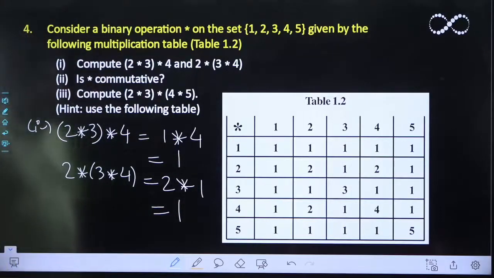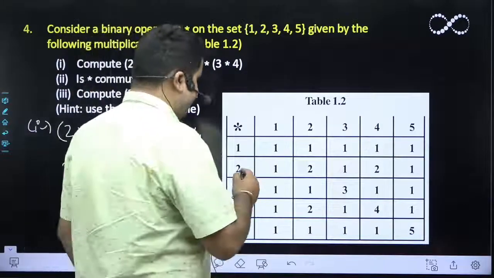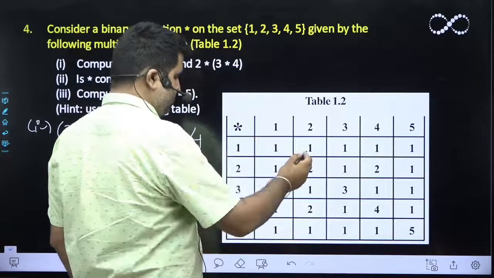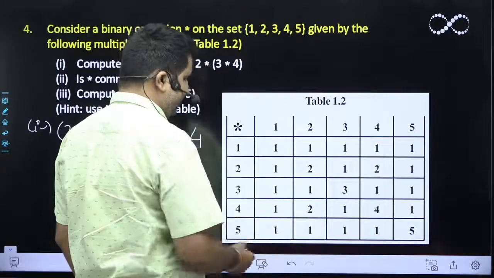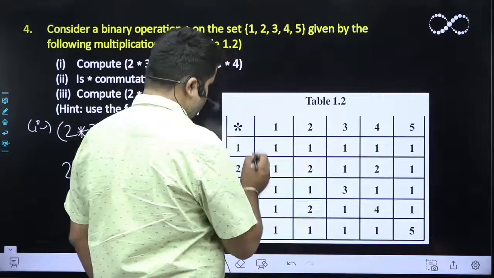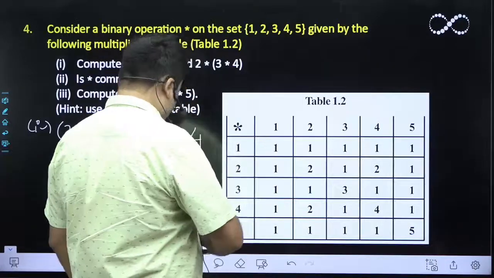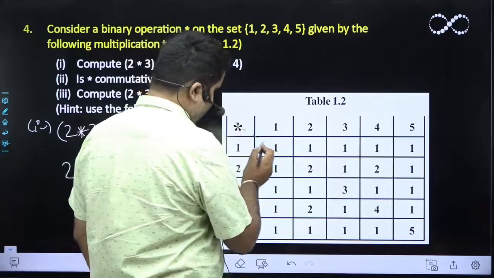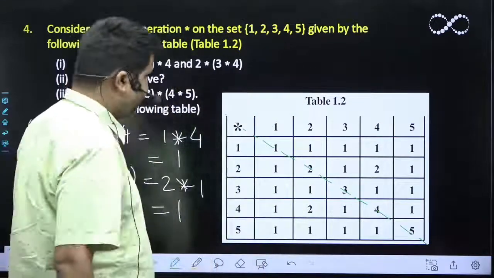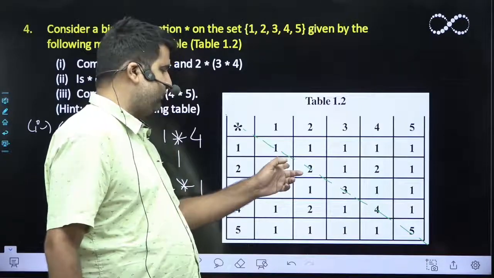Now we have to see if star is commutative. So for that we'll see if 2 star 1 is equal to 1 star 2. It is true. Similarly 3 star 1 and 1 star 3, they are equal. Now we can see that if we draw a line here like this, here we'll get 2 1, here we'll get 1 2.